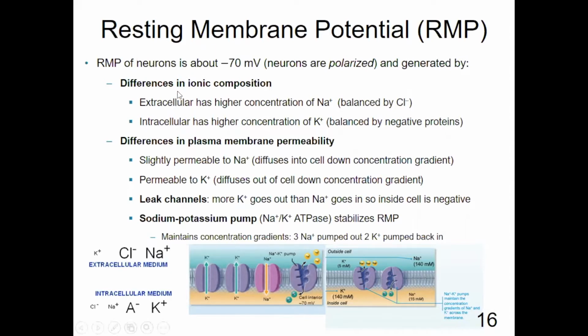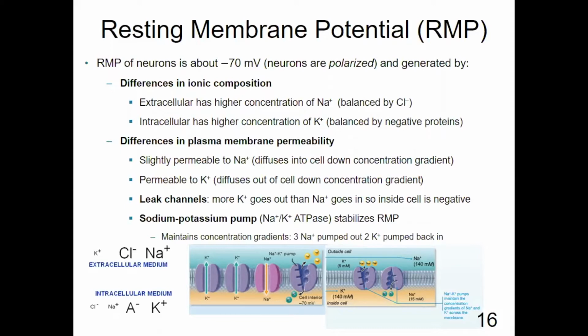Number one, the difference in ion concentrations inside versus outside the neuron. And a slide or two ago, I did mention that extracellularly, so outside the neuron, there is a higher concentration of sodium ions. And inside the neuron, there is a higher concentration of potassium ions.